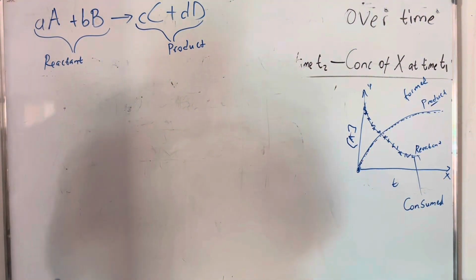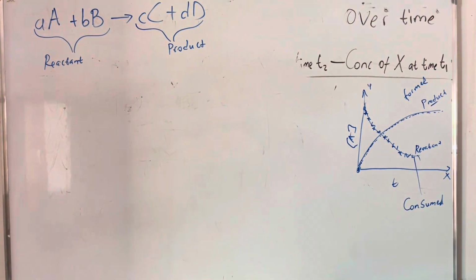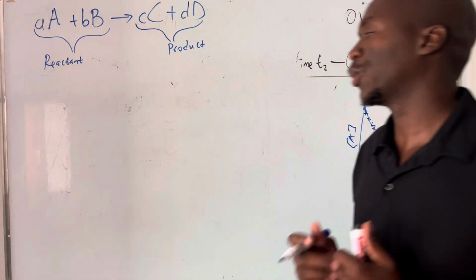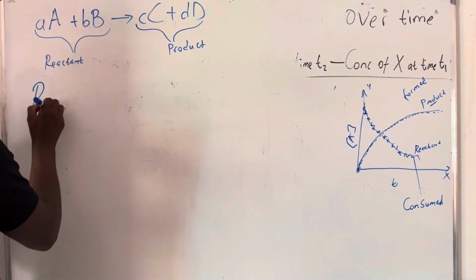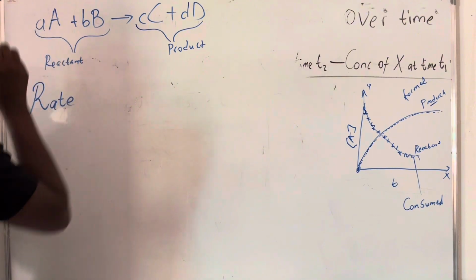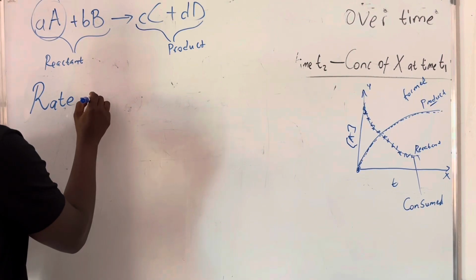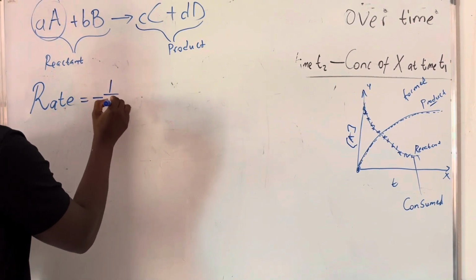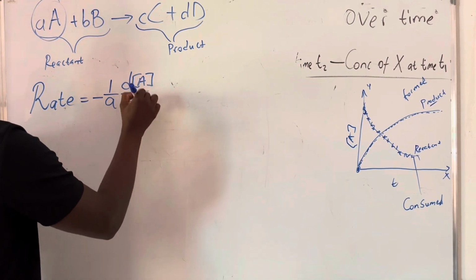So now, if we were to find the rate of the reaction, how will the rate of the reaction look like? In other words, the rate of the reaction can be defined using the general formula that I want to show you here. Let's start with this one here: the rate of this one will be equal to negative 1 over a, d[A] over dt.